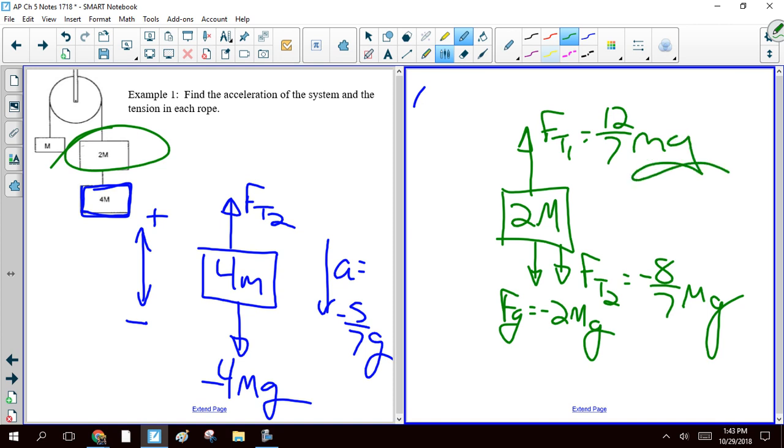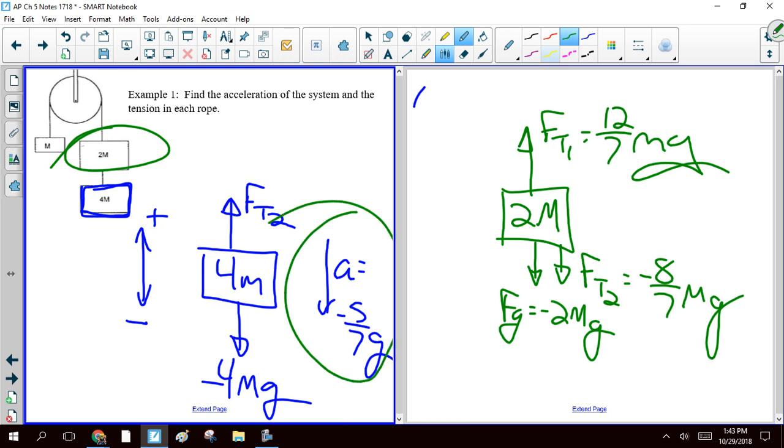So find your net force, divide, and get your acceleration. And you do end up getting negative 5/7 g again. Okay? So there you go. Yes. All right.